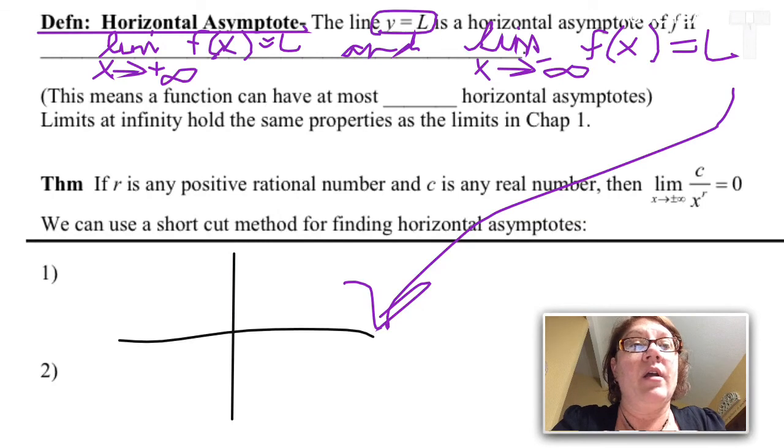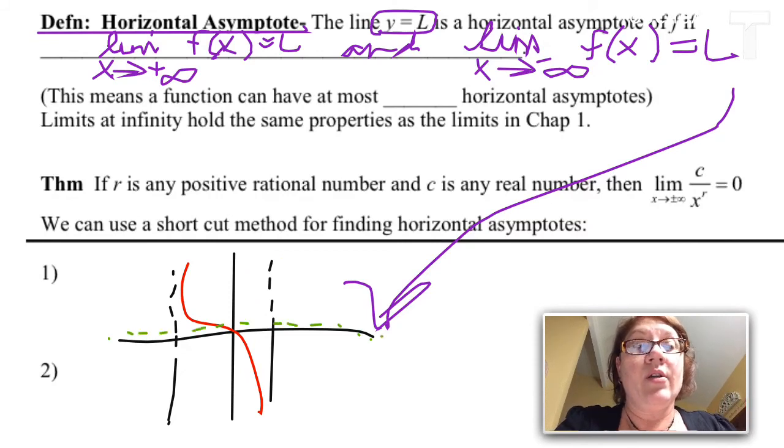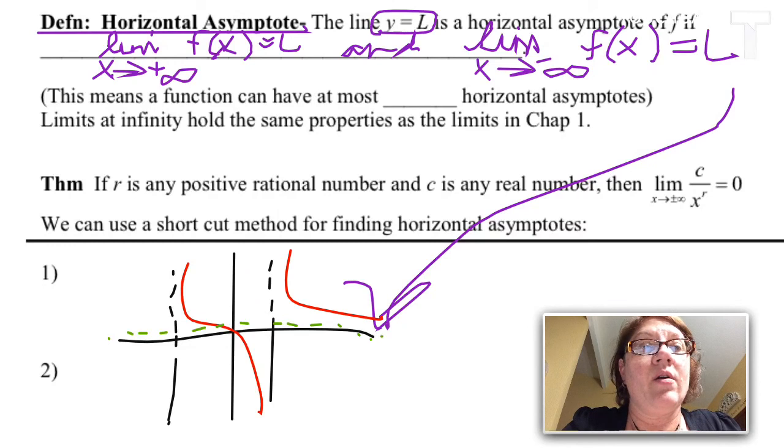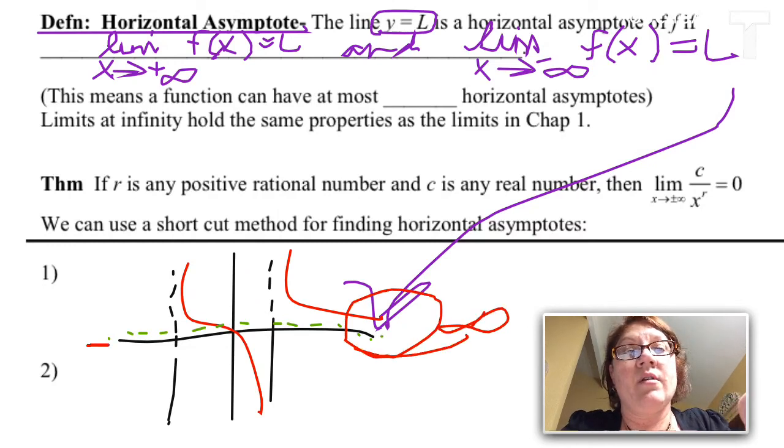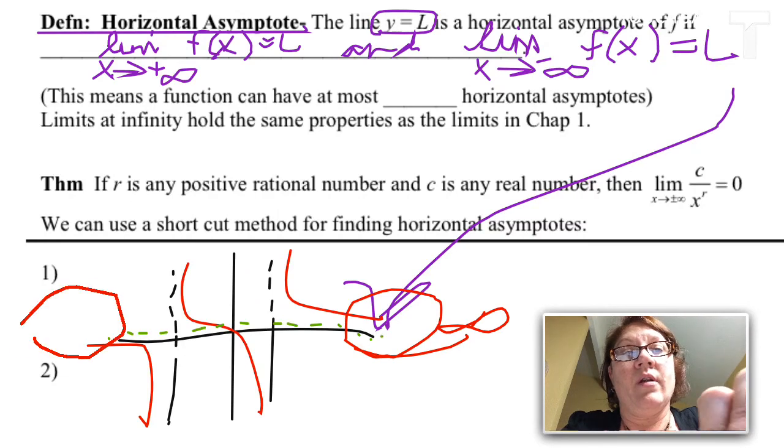As a matter of fact, I might actually have a couple of vertical asymptotes, and I could, in fact, cross over the horizontal asymptote. Let's say that the horizontal happened to be the x-axis. I could cross it in the center, but what can't happen is I can't cross it out here as I'm going to infinity, and I can't cross it out here as I'm going to negative infinity.